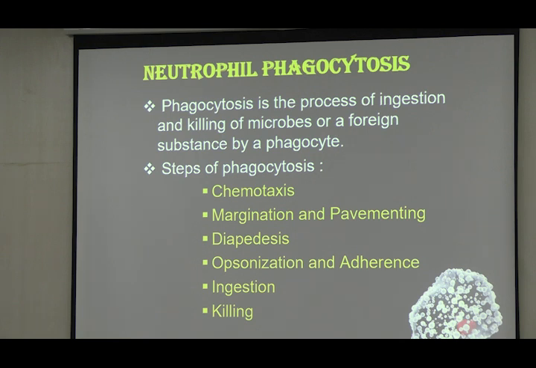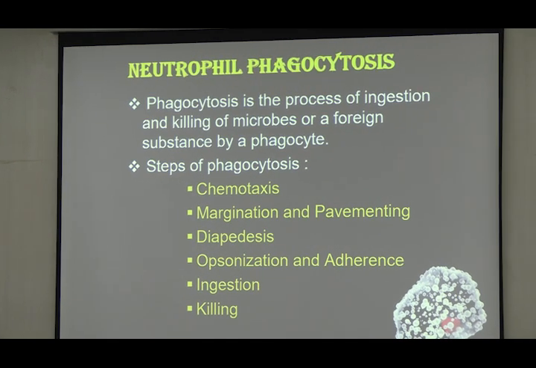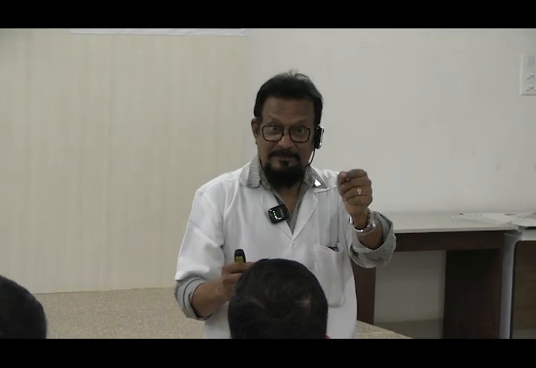After diapedesis, opsonization and adherence. This is food, but it is raw. Let's put some salt so that it becomes tasty. Opsonization means the neutrophils will liberate some chemicals which will cover the foreign body.